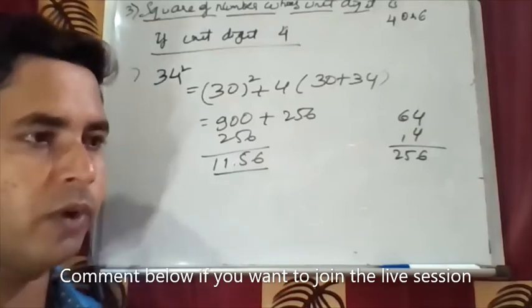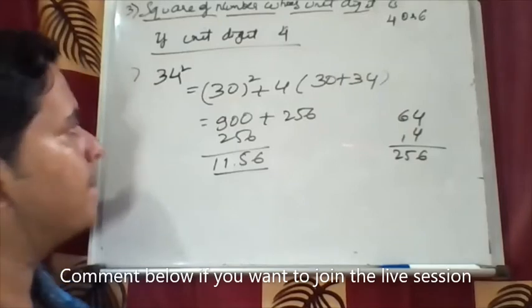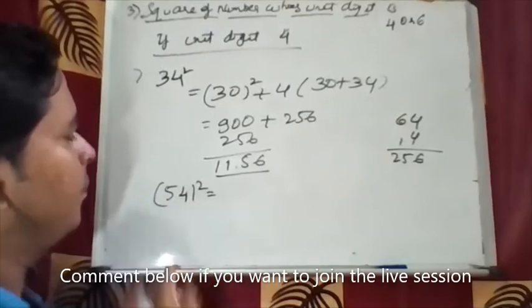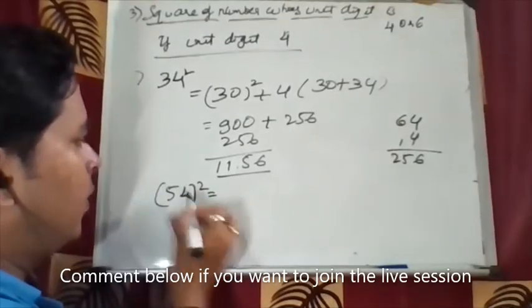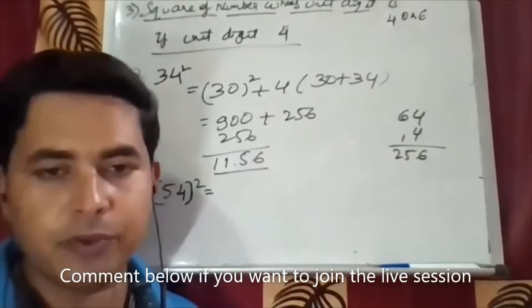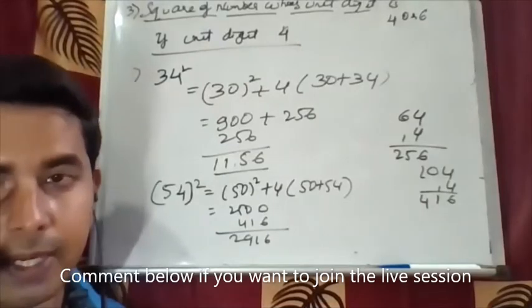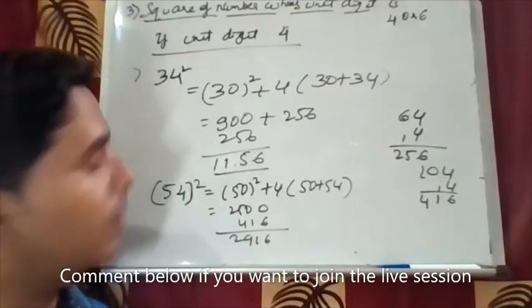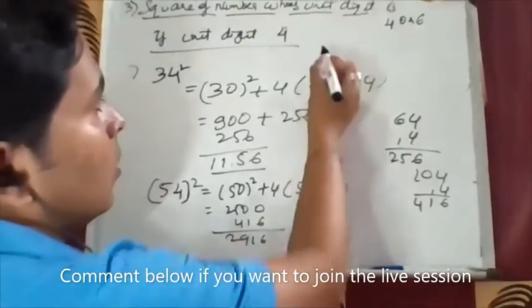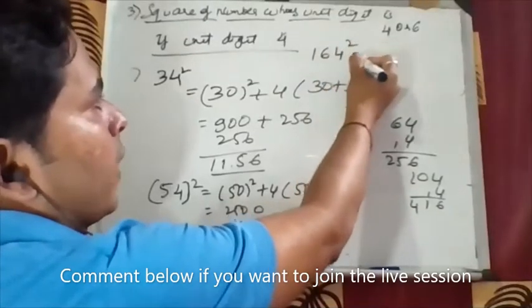Okay, take one more example: 54 square. Just give me the answer of 54 square. 2916. Yes, correct. Now we'll take one bigger number: 164 square.